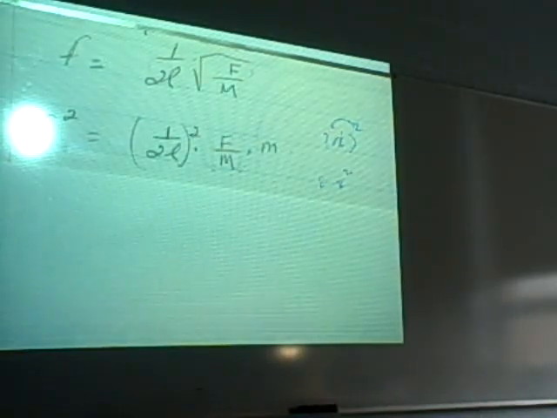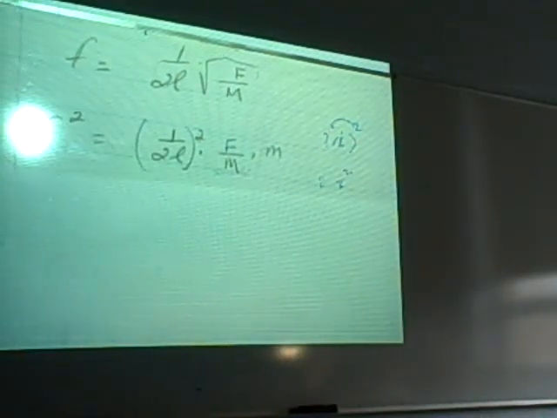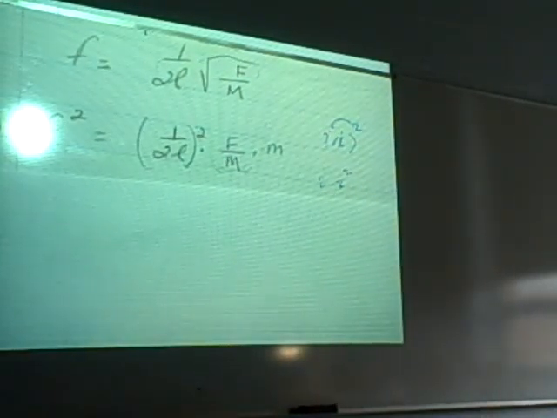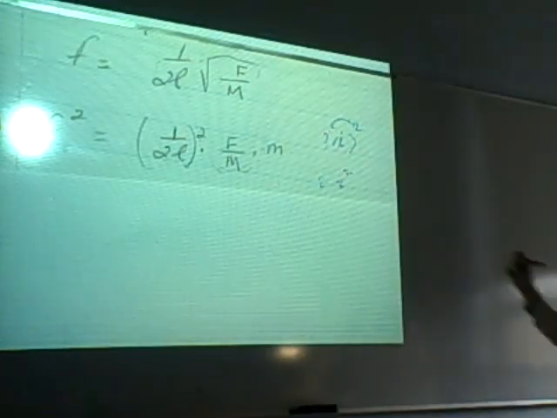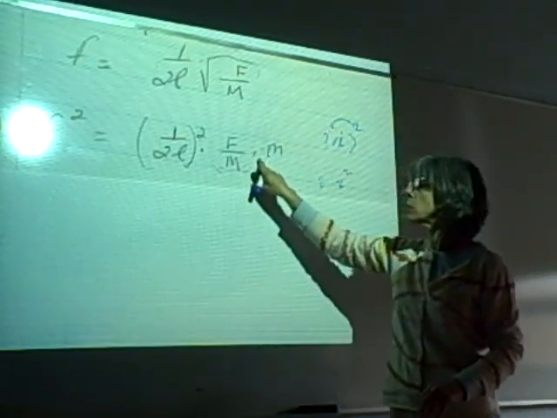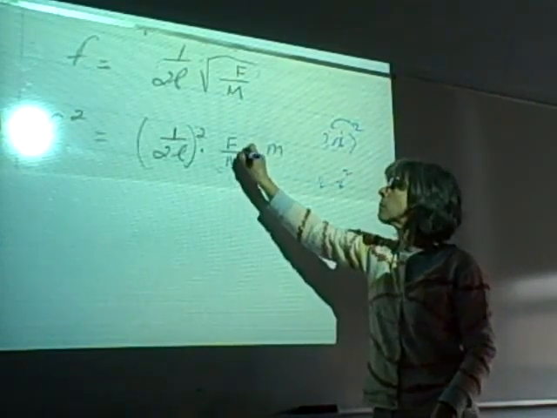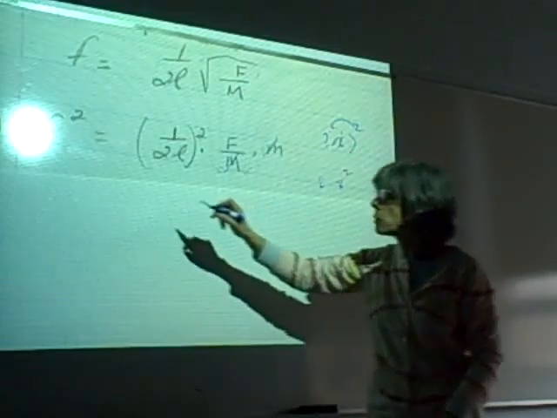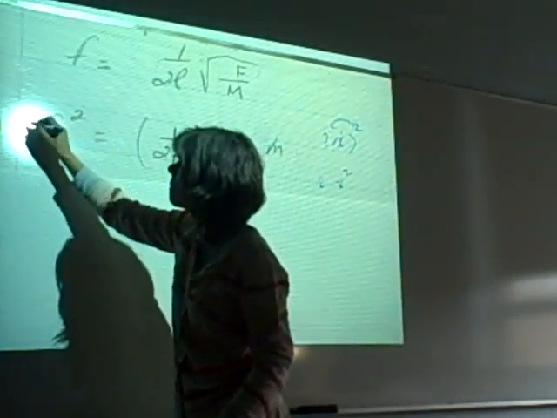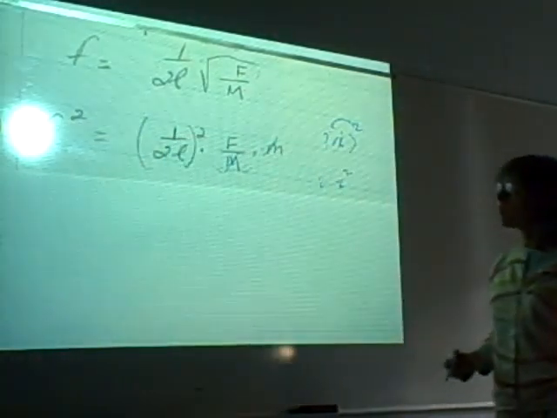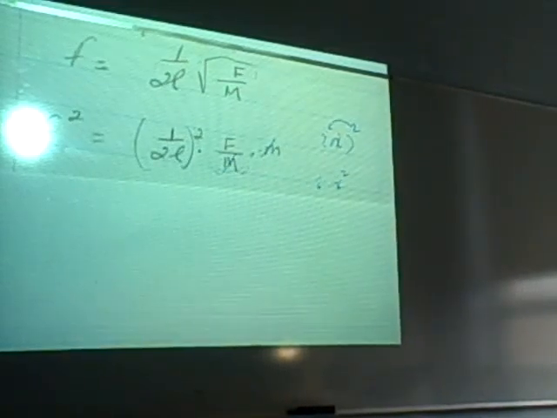And then I'm going to have what? F squared is equal to... I want m out of the denominator. So does it make sense to multiply to get rid of it? And if I multiply this side by m, I'm going to multiply this side by m. Okay, then what do you think we should do?